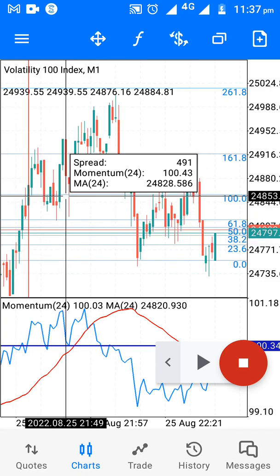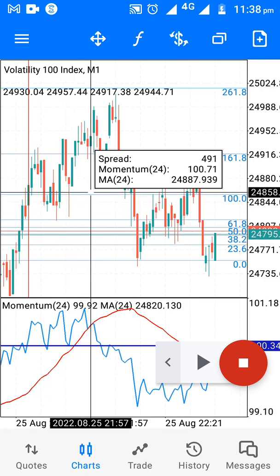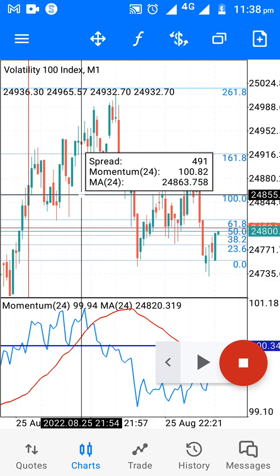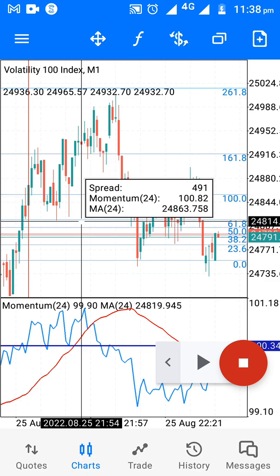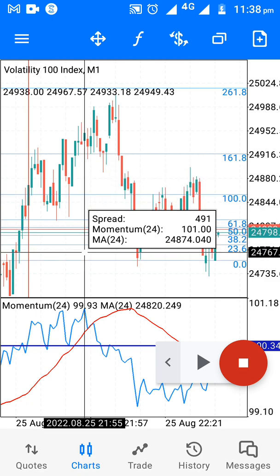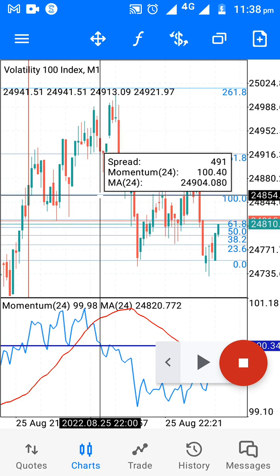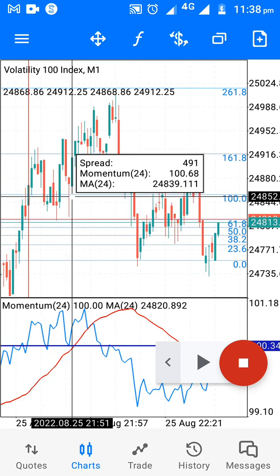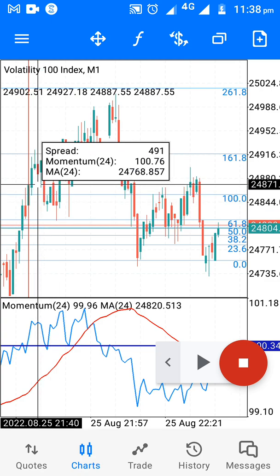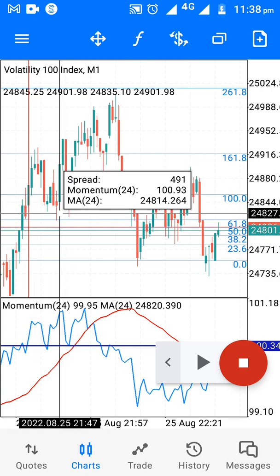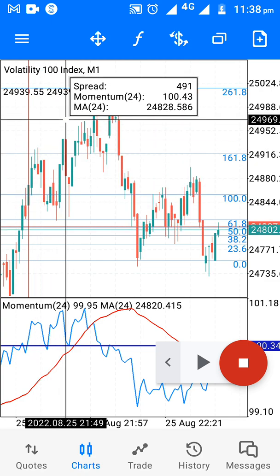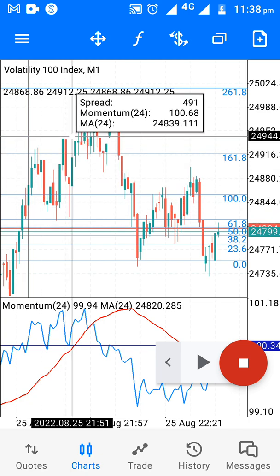So looking at the chart here, you could see where the average price was at 24855, and then this was 100 pips below it, 24755. And now look at how the market played out. First time the market engaged 61.8 retracement and went up, corresponding with the entry plan.